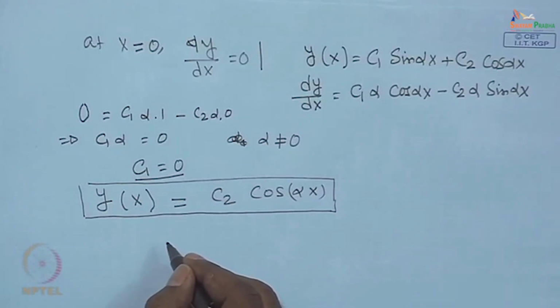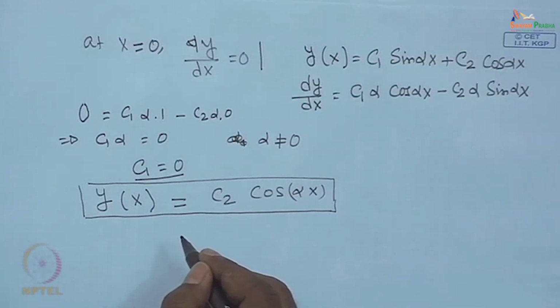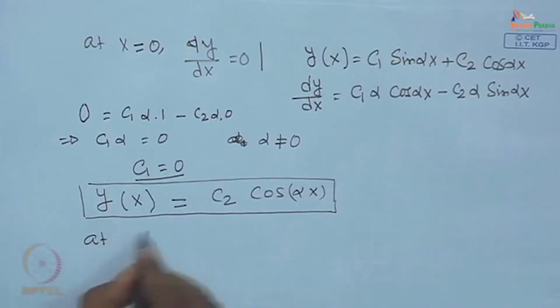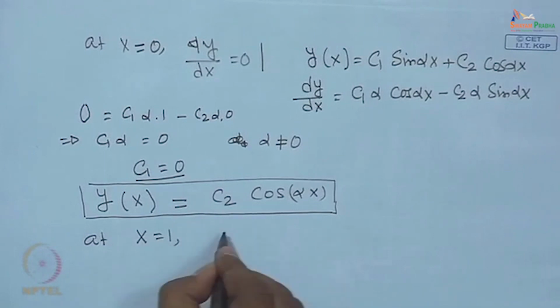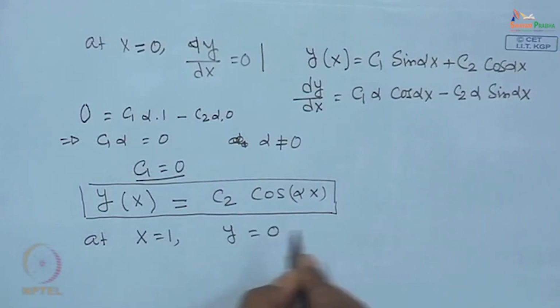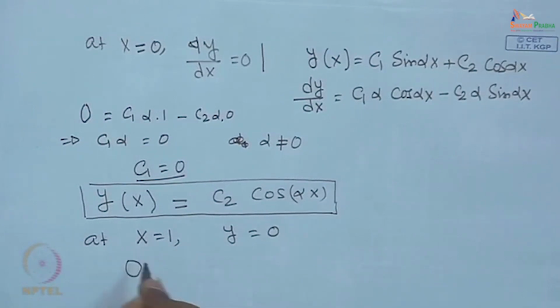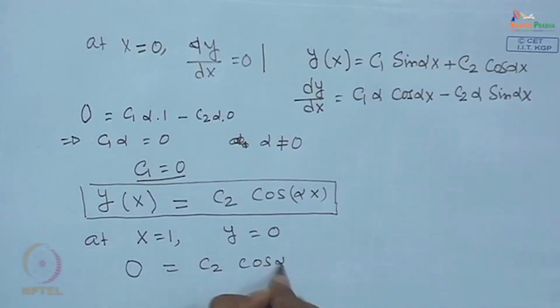Now, we have to evaluate the eigenvalues and eigenfunctions. We have one more condition left behind, that is the boundary condition at x is equal to 1. At x is equal to 1, we have a Dirichlet boundary condition there. So, we put y of x as 0 and this becomes c2 cosine alpha, putting x is equal to 1.